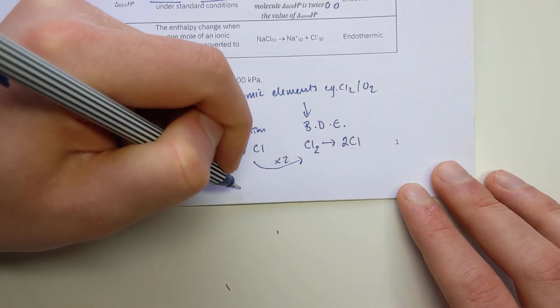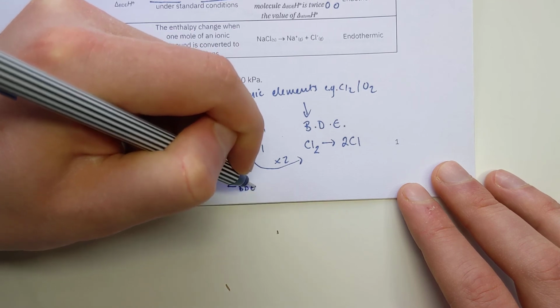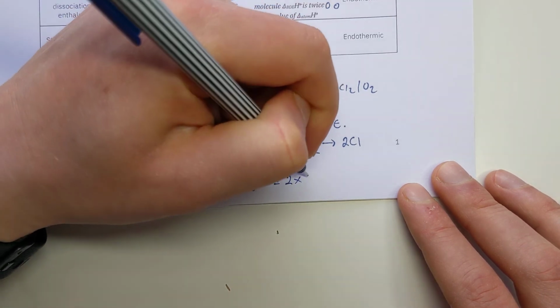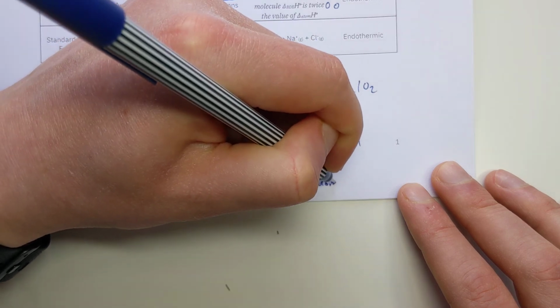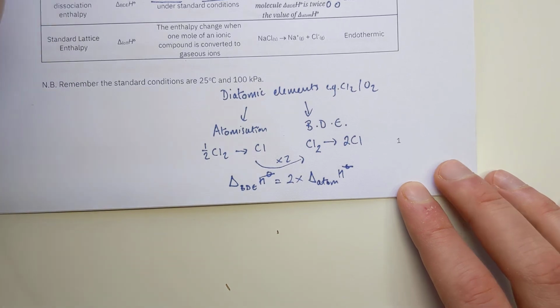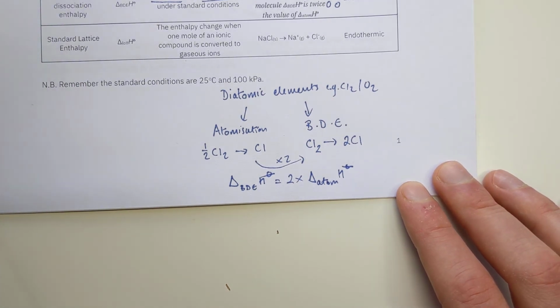So using my shorthand, delta BDE, the bond enthalpy, will be 2 times the atomization energy. And that's specifically for diatomic elements we need to worry about. Again, don't worry if you're not really sure why we're talking about this in so much detail. As long as you follow what I'm saying, that's the main thing for now.